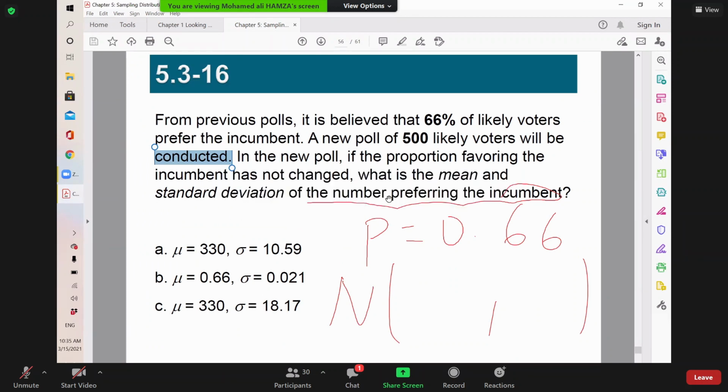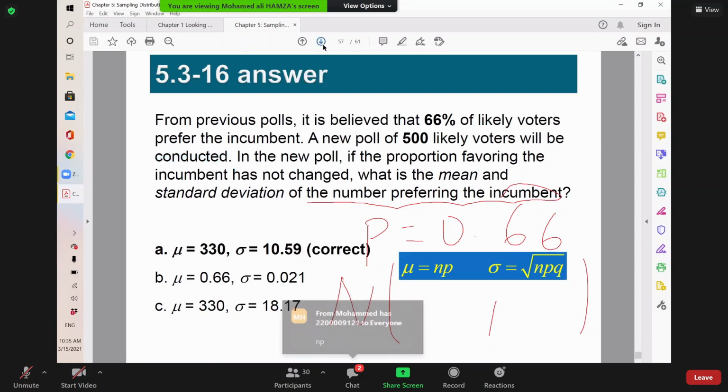Here, because he requests the number, the mean is given by the formula n times p, and the standard deviation is given by the formula root npq. That means here n equals 500 and p equals 0.66.